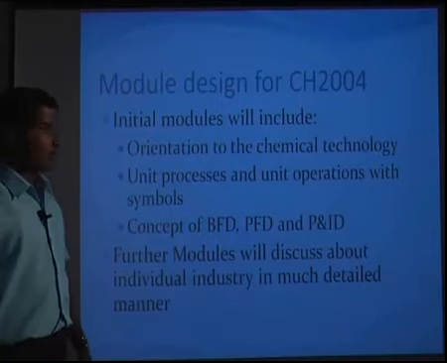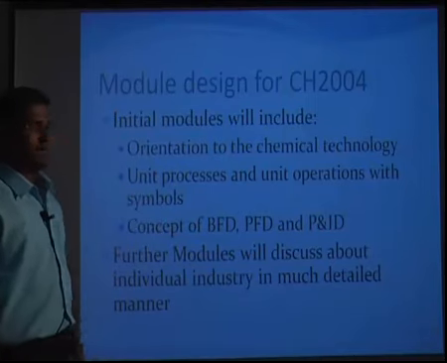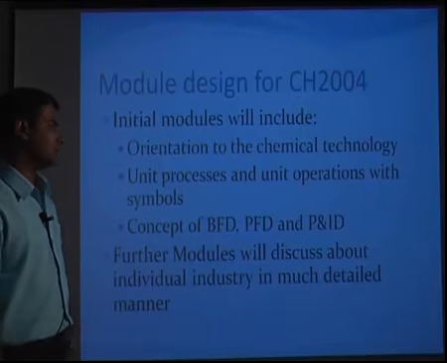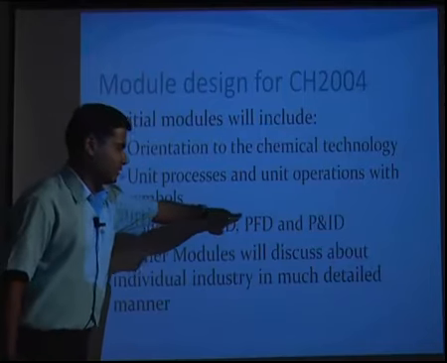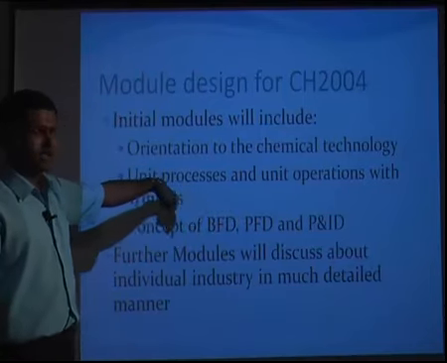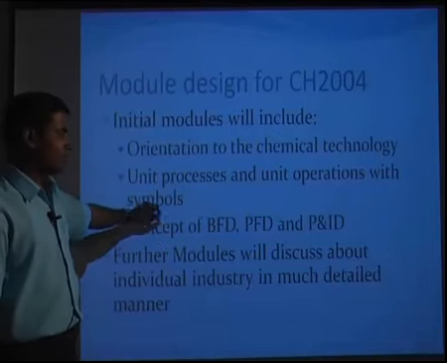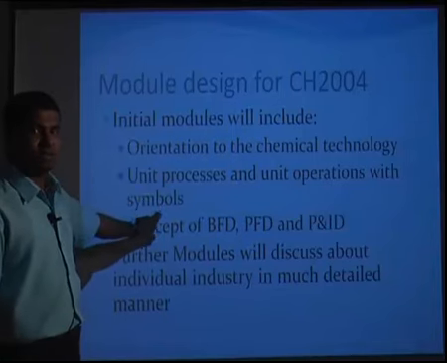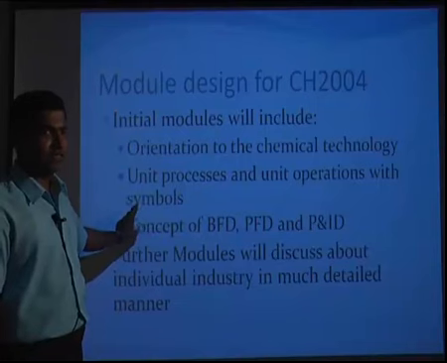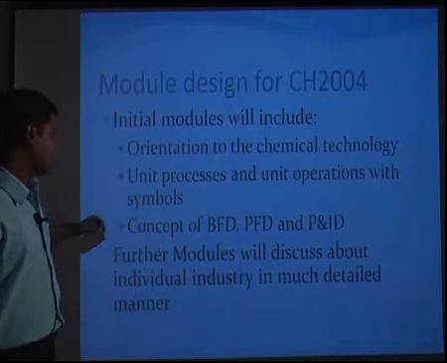Now we will go for more complex things: block flow diagrams, process flow diagrams, and piping and instrumentation diagrams, sometimes also called process and instrumentation diagrams. We will see what is meant by BFD, PFD and PNID, what they are, how they are used to draw a chemical process, how to read them, and also how to draw them if a process is given to you. That we will discuss in brief in the module on BFD, PFD and PNID.